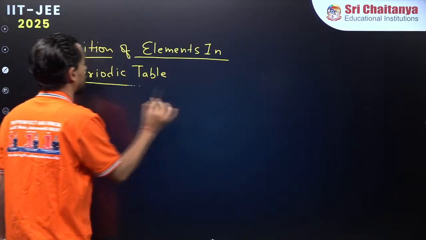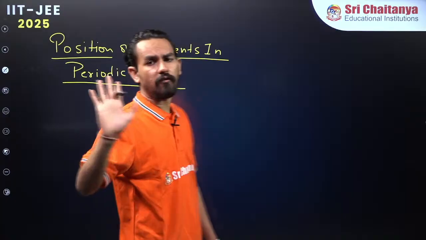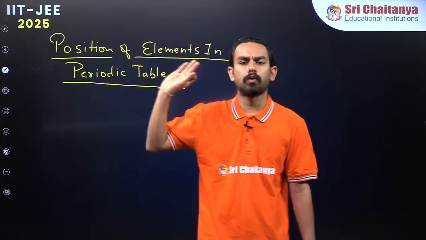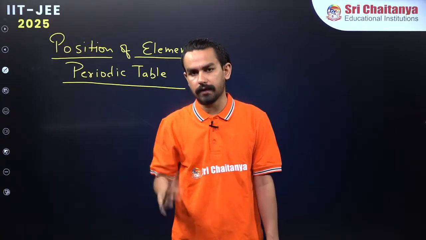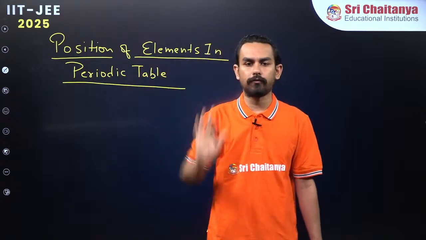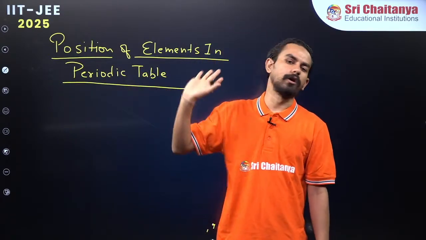That will help you in determining properties also later. If somebody gives you a random element along with its atomic number, then you have to know how to decide in which group or which period or which part of the periodic table it will lie. Is it okay? This is what we are going to learn here.